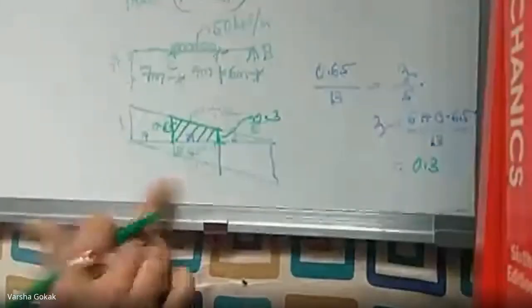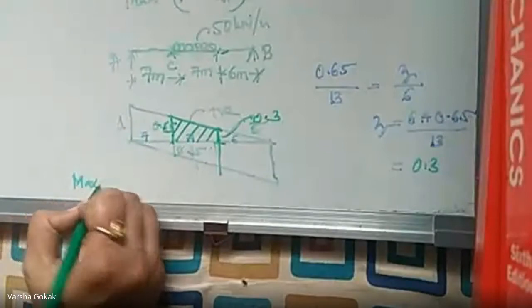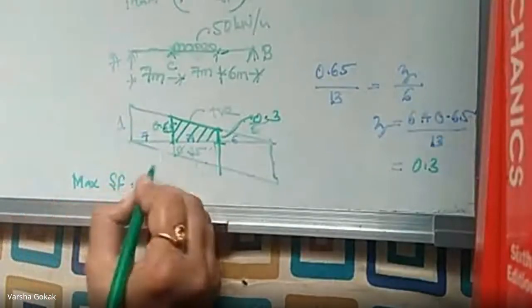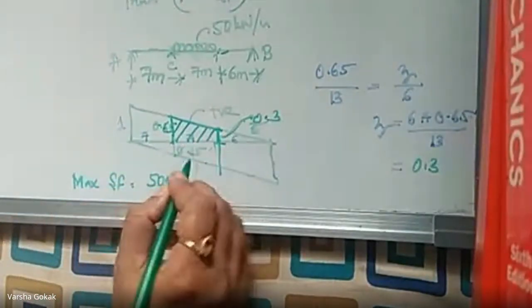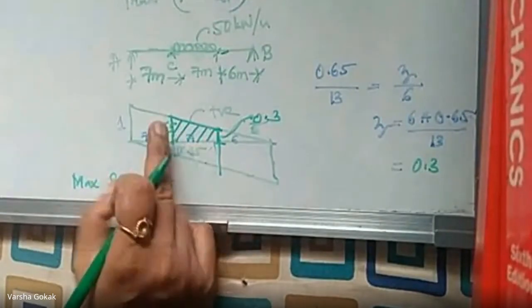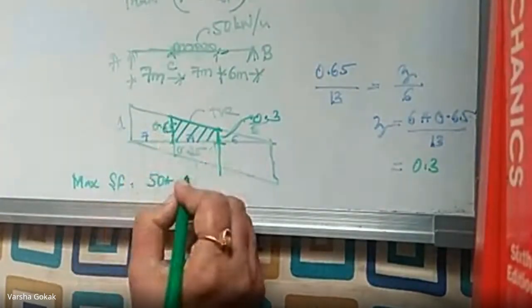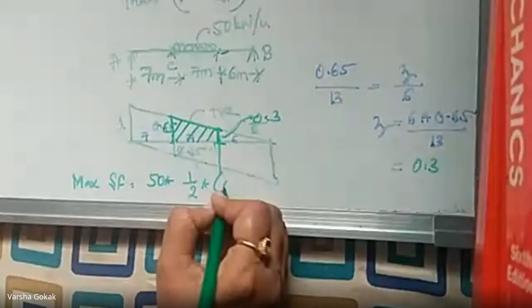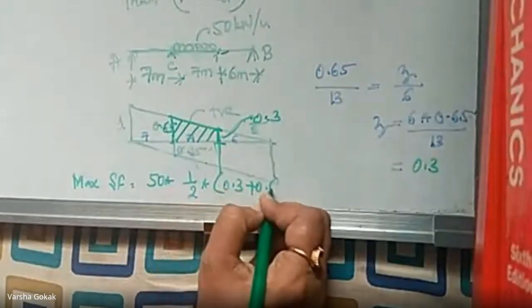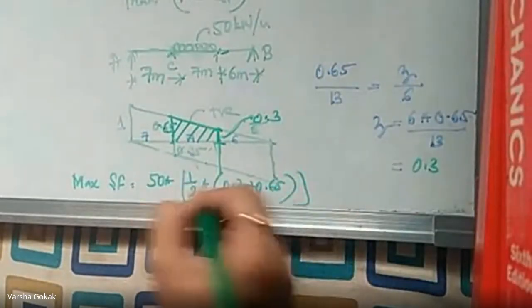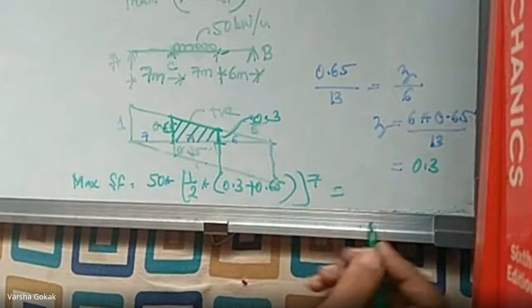So if I want to calculate the maximum shear force value, it is going to be the load into the area of the trapezoid between these 2 points. That is going to be half of 0.3 plus 0.65, the whole thing into 7. What is the total value, please?